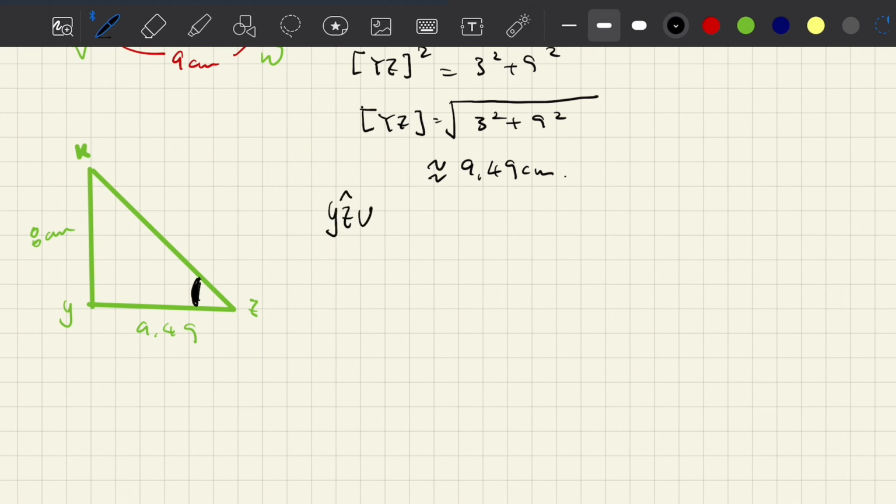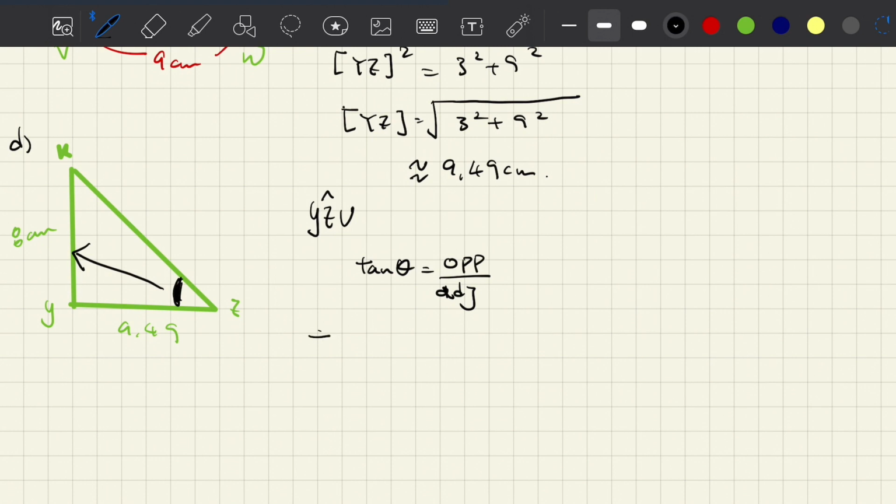So this is question D. Since we know the opposite side of the angle and the adjacent side of the angle, we can use the tangent theta equals opposite over adjacent rule again. Then tangent of angle YZU is the same as 8 over 9.49.